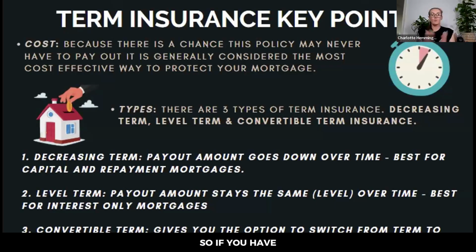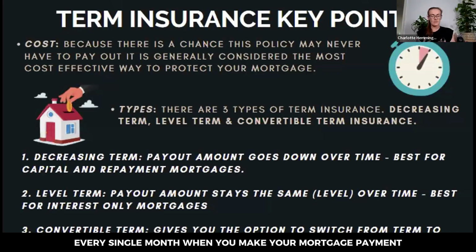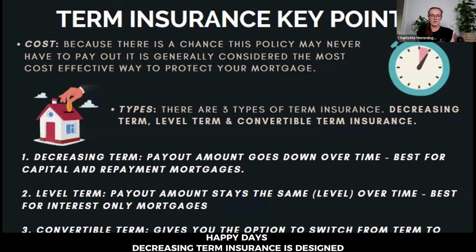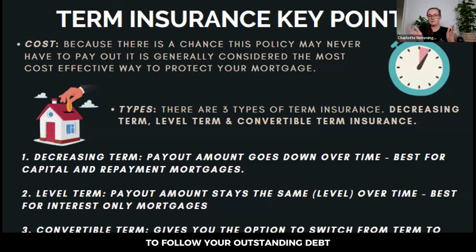So if you have what your textbook will call a capital and repayment mortgage, what that means is every single month when you make your mortgage payment, your outstanding balance goes down a little bit. So at the end of your mortgage term, you'll be mortgage free. You'll own your home. Happy days. Decreasing term insurance is designed to follow your outstanding debt.